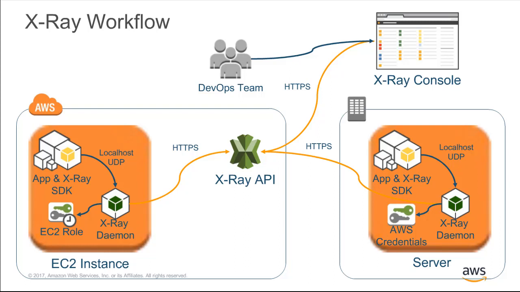Or maybe it's a developer machine where you're testing a new service against a production service. So what you're seeing here is that the different pieces connect together and send data into the X-Ray API, which obviously runs in AWS, and then the X-Ray console enables developers to quickly understand what's going on there.